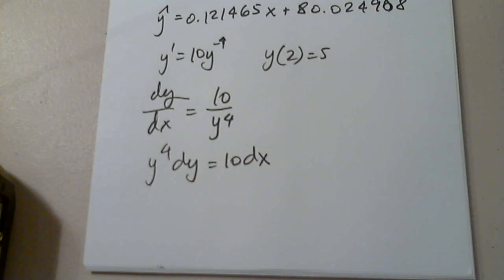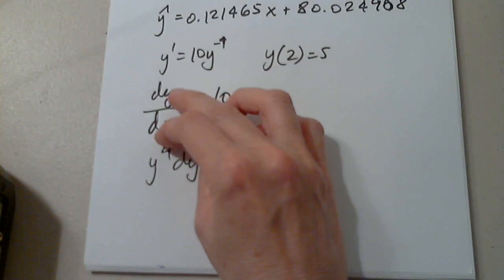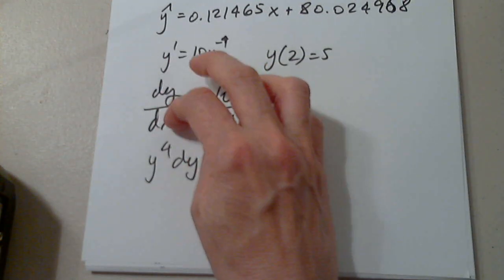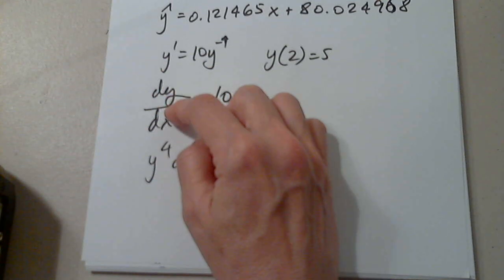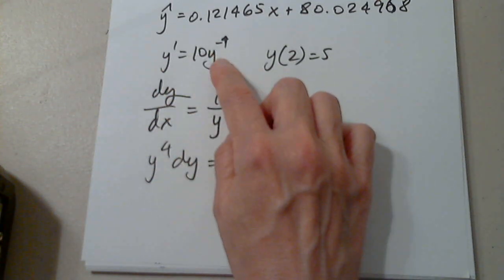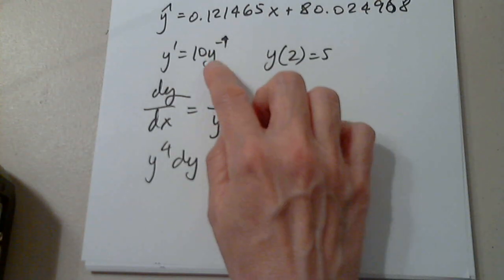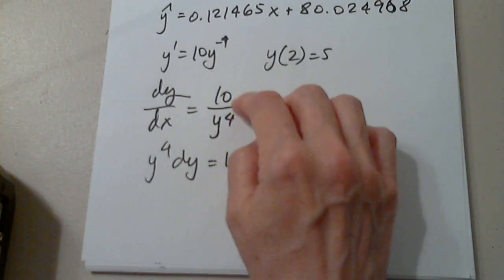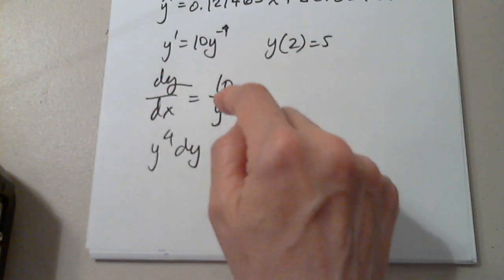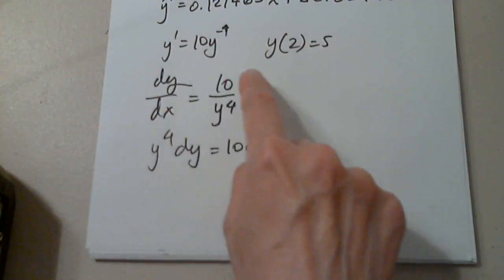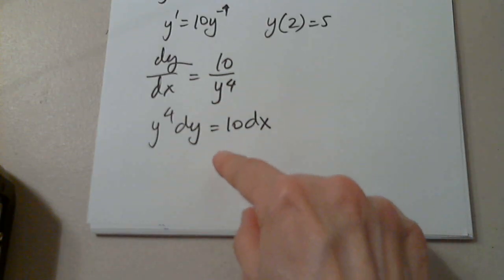I changed this into this because they are the same. Then you moved y to the negative 4 to the denominator, because that's the exponential rule. And then I cross multiply: y to the 4th dy equals 10 dx. Is this okay?